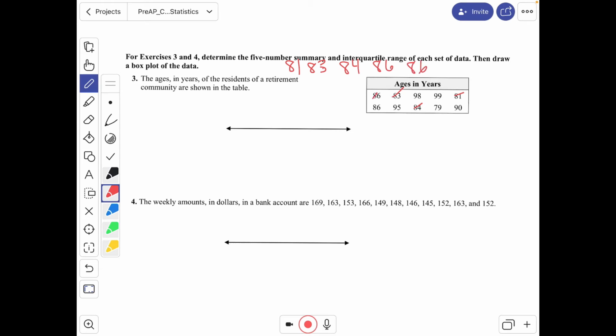There's 2 86s, and then a 90, a 95, a 98, and a 99. Put them in order. Find the median. And then you're going to find the lower quartile, the upper quartile, and the interquartile range.